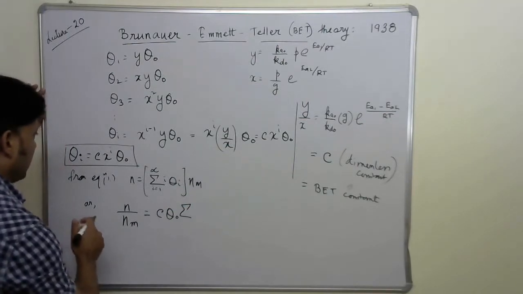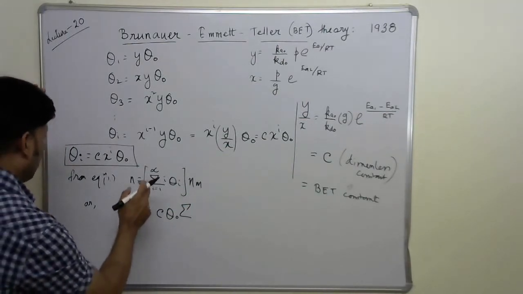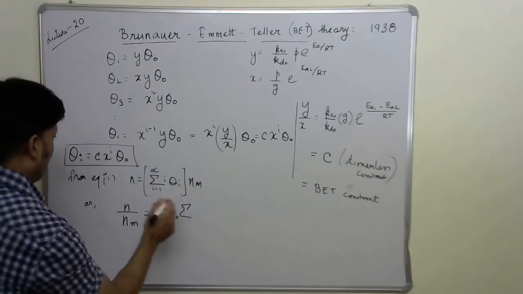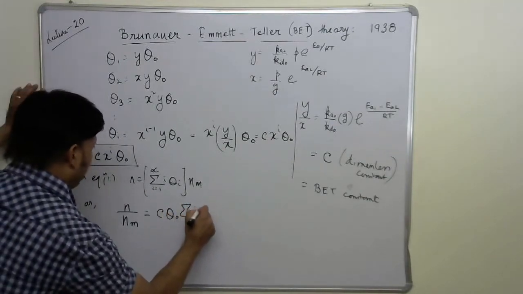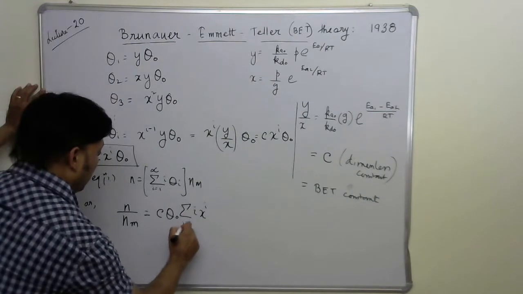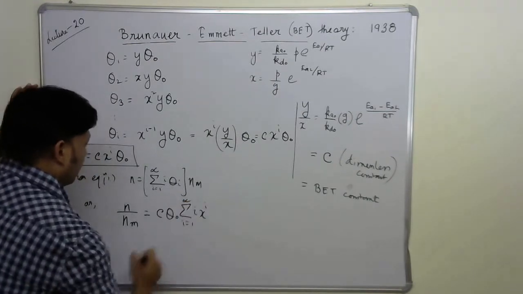Because our summation term now will have, instead of theta I, C x to the power I, this becomes the summation of I x to the power I from I equal to 1 to infinity.